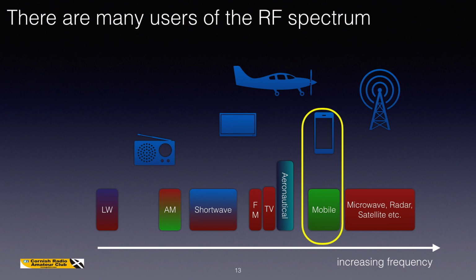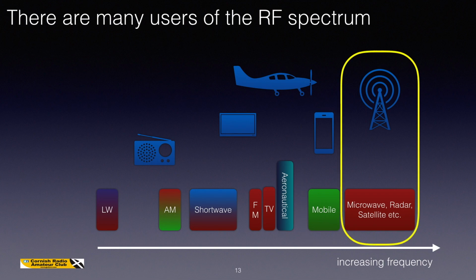Mobile communications providers provide links for full duplex, full both-way conversations between the handheld mobile and the radio base stations that you see dotted around the country on tops of hills or buildings, and less visible microwave links carrying signals up and down the country, radar for tracking the movement of planes, and also satellite, ground to satellite and satellite to ground dishes such as Goonhilly or Madley, I think in Cheshire.